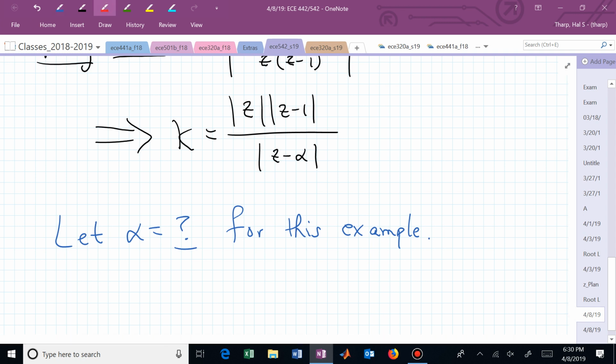What makes you nervous is the fact that choices exist. Alpha could be a lot of different things. We have a choice, but that's why they pay you decent money instead of just somebody off the street.